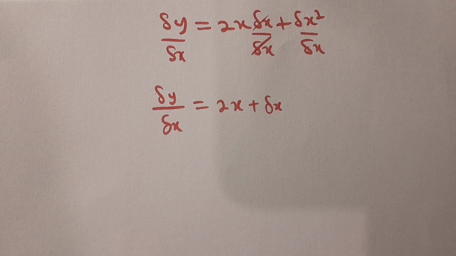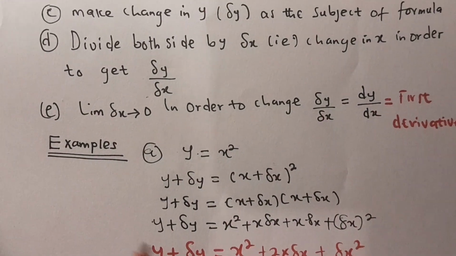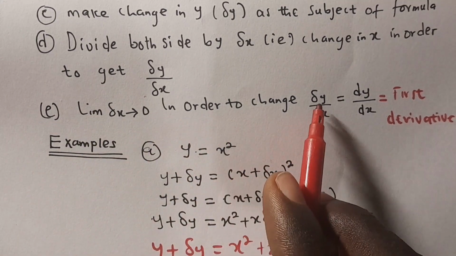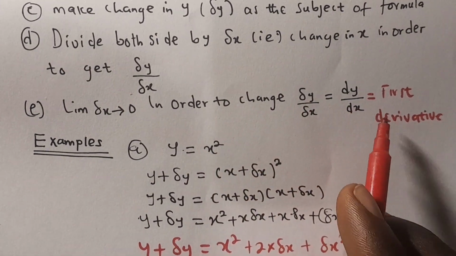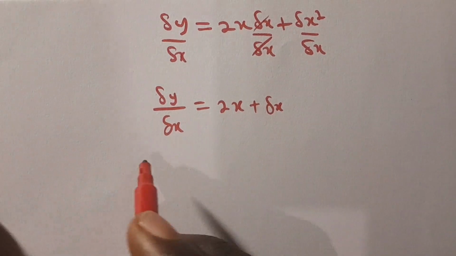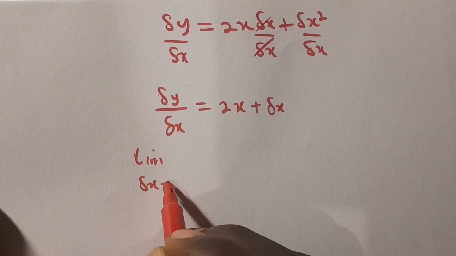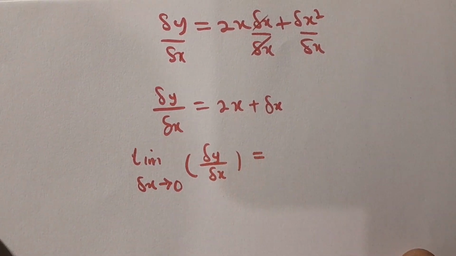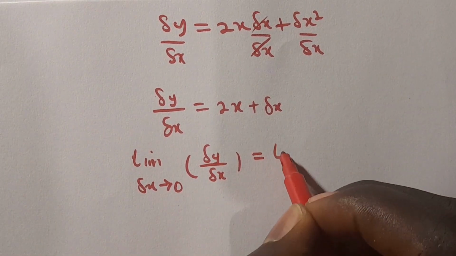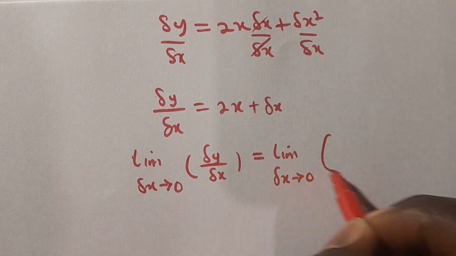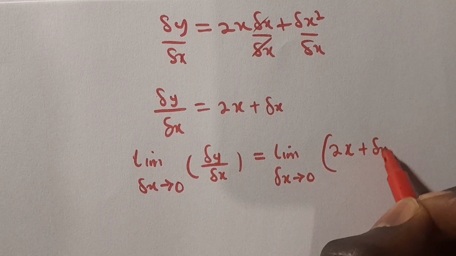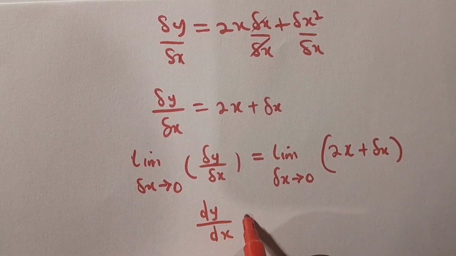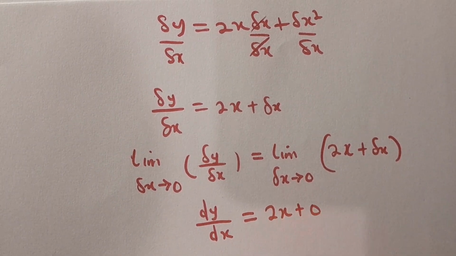And the next step says we should take the limiting value of change in x tending to 0, in order for change in y over change in x to equal dy dx, which is equivalent to the first derivative. So when we take the limiting value of change in x tending to 0 for 2x plus change in x, we believe this will change to dy over dx, and this will equal 2x plus 0.